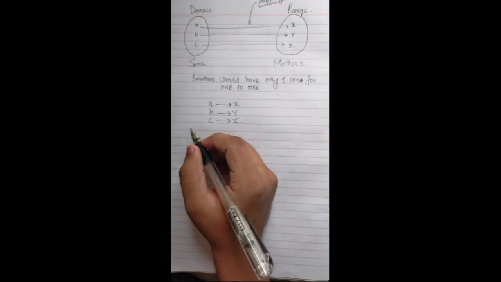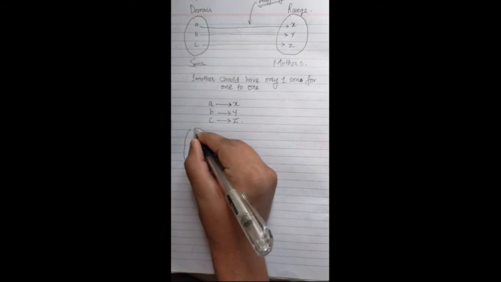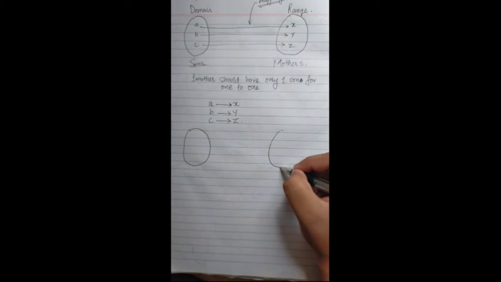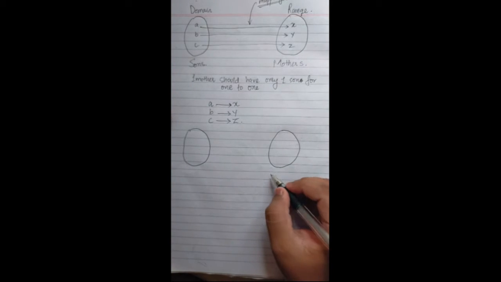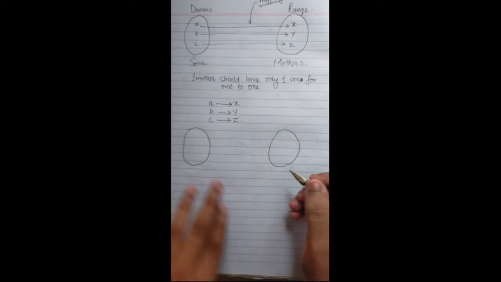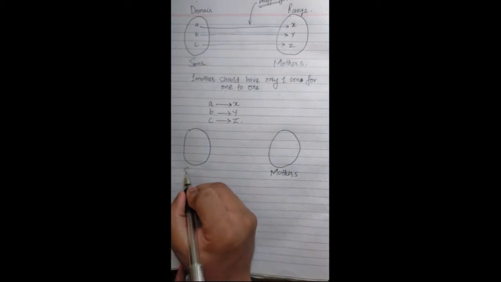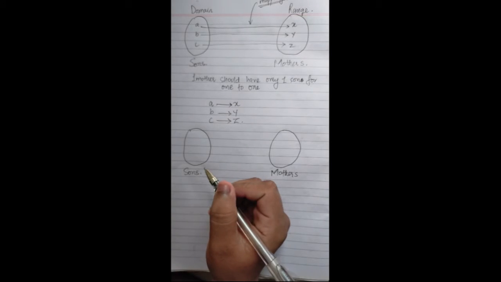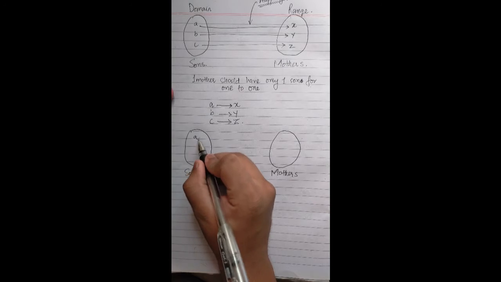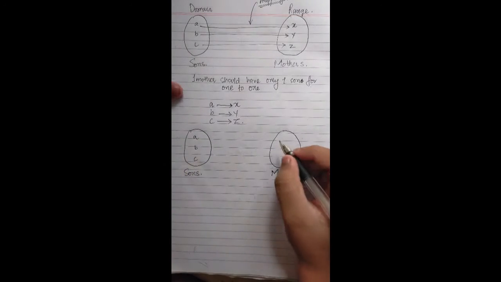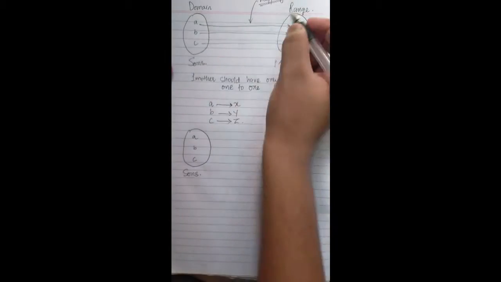Now we will consider a new type of function. This is again mothers and this is sons. This includes A, B, C, X, Y, Z. Same domain and range thing.